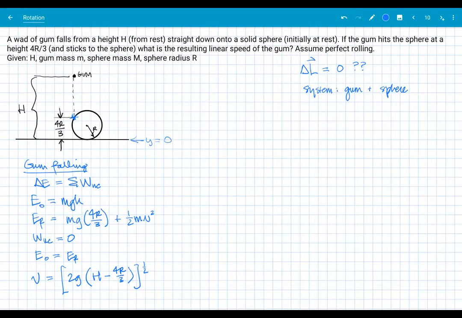All right, so now I have v, which is the speed of the gum right before the collision, yeah? So right at that instant before. This is what I need because I can apply conservation of angular momentum to the collision.